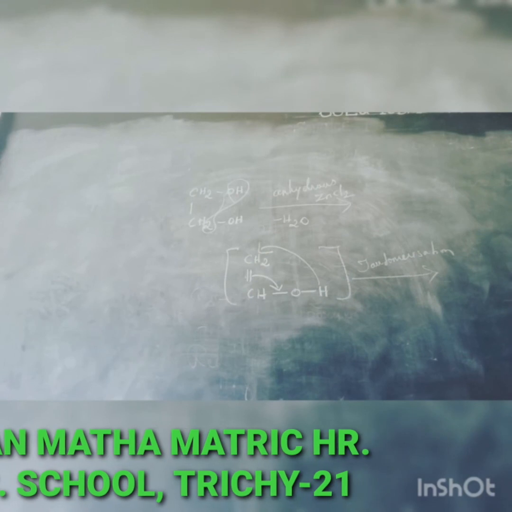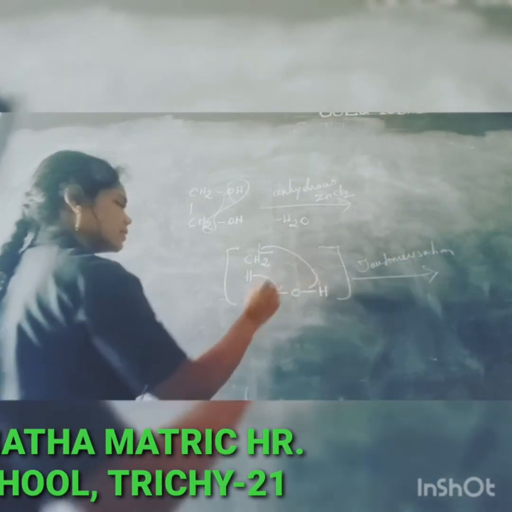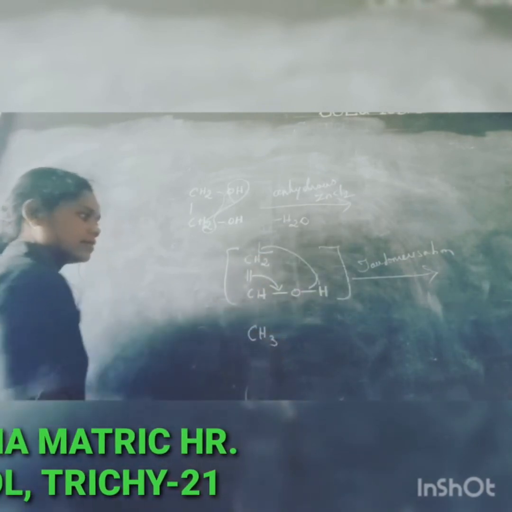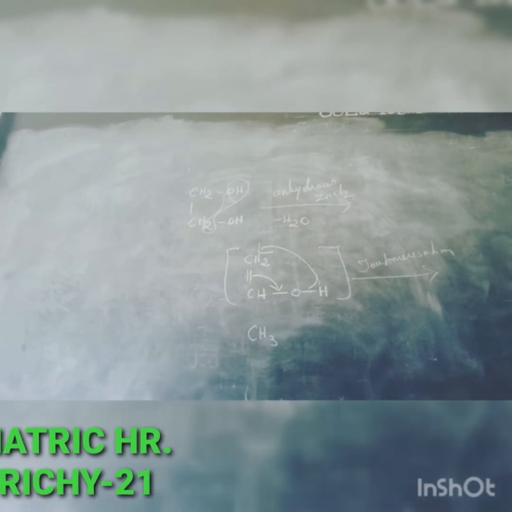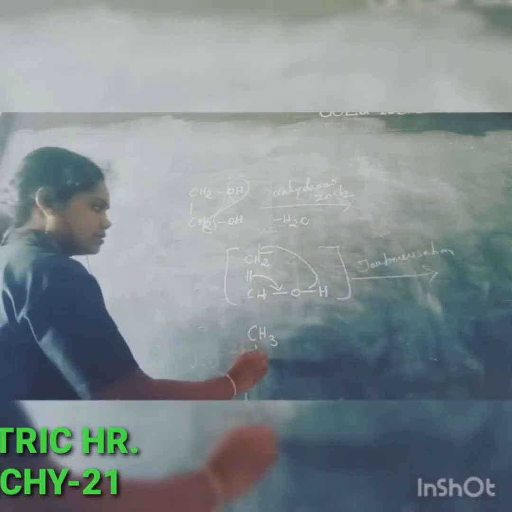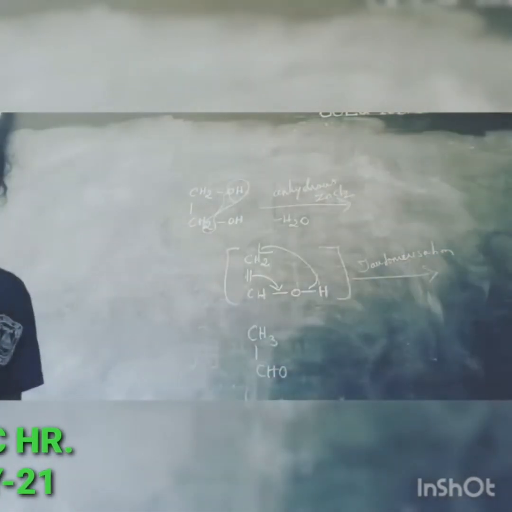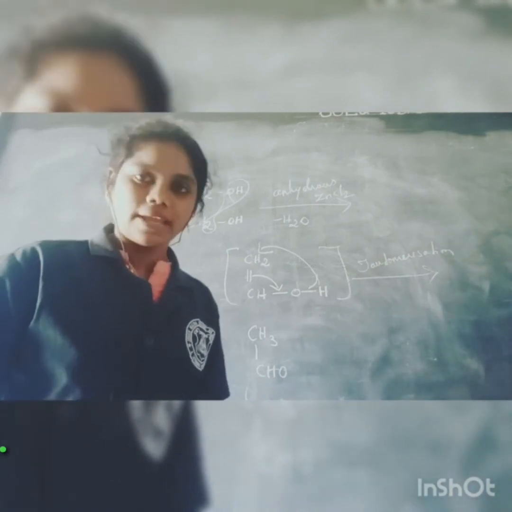So what is formed here? CH3CHO. Now the double bond is converted into single bond. So that's all for reactions of glycol and dehydration reactions. Thank you, students.